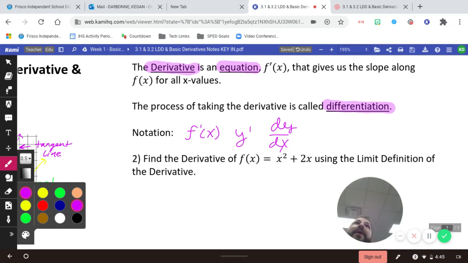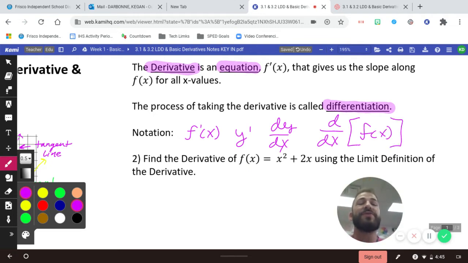Think about it like y is your dependent, x is your independent. And then you could see d/dx of f of x. This is really fancy notation, which just means to take the derivative of f of x. It's telling you to derive, but it's another way to denote the derivative.